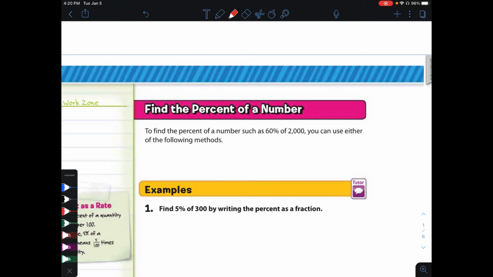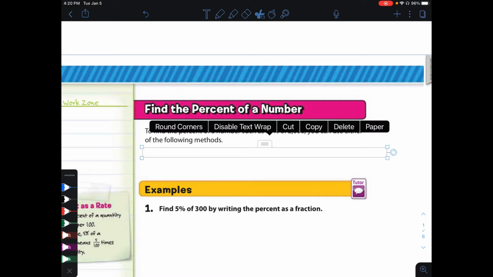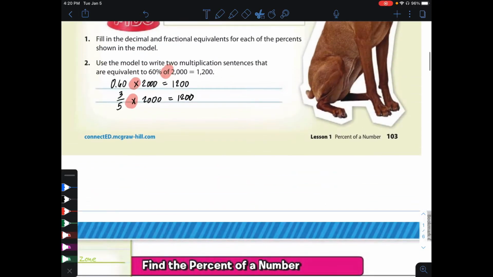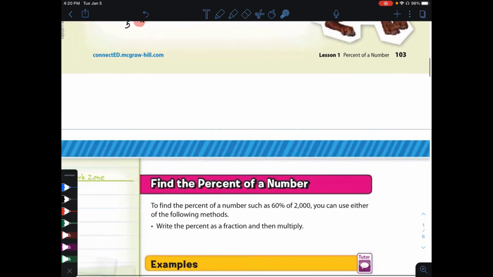The first method is to write the percent as a fraction and then multiply. That's what we did here. We wrote it as a fraction right here, and then we multiplied it with 2000. We came up with 1200.